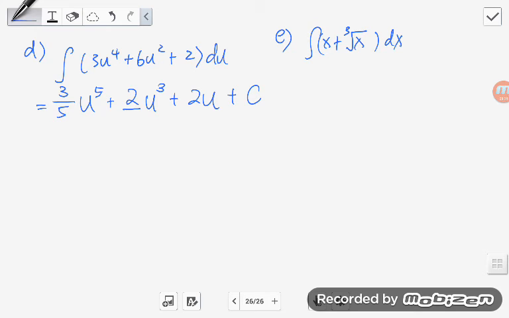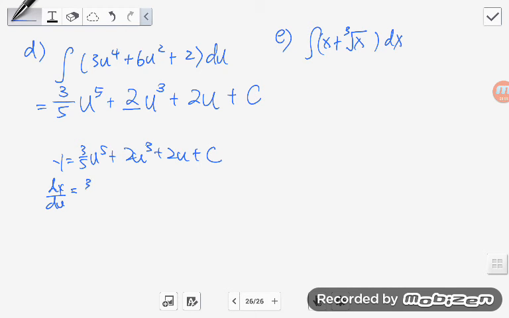Let's try to differentiate what we have here to make sure that our answers are correct. Let's say y is equal to 3 over 5 u to the power of 5 plus 2u cubed plus 2u plus c. For dy/du, my variable in this case is u.